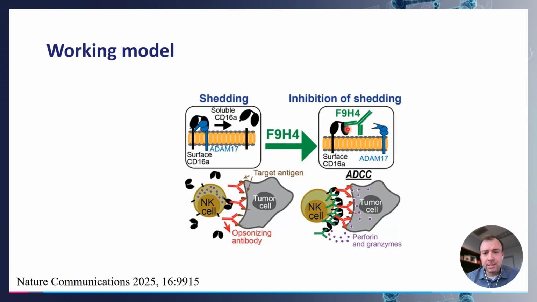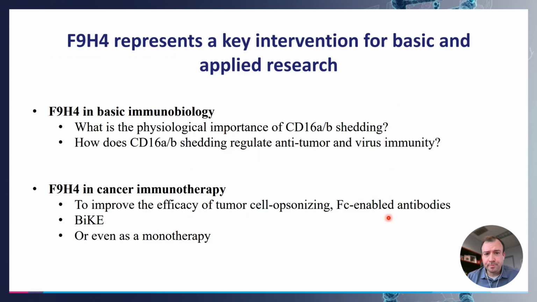It doesn't block the receptor. It's not an agonist. It also doesn't cause cell depletion because we engineered the Fc with mutations. And this antibody stops the cleavage, presumably by blocking access by the protease, although we haven't formally demonstrated the exact mechanism. The consequence is that this antibody retains CD16A on the surface of NK cells that can then better engage with the Fc to kill the target cells.